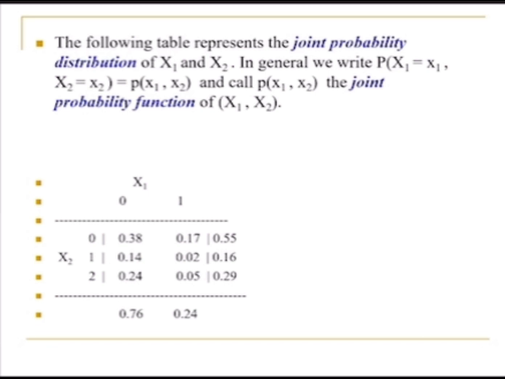Now let's take a look at X1 for 0, 1, and X2 for 0, 1, 2. What is the meaning of 0.38? The meaning of 0.38 is the probability of X1 equal to 0 and X2 equal to 0. What does that mean?